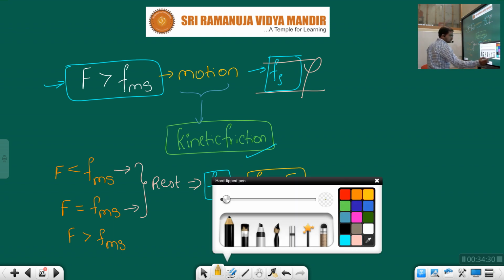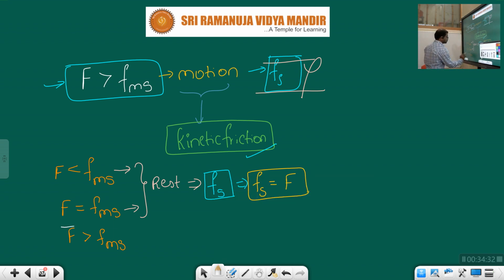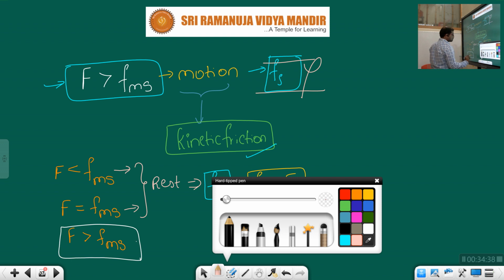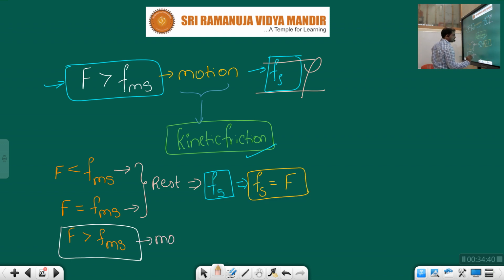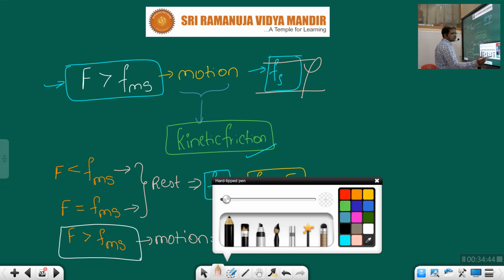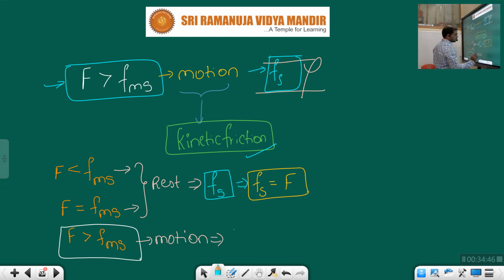While coming to here, children, this is a special case. Here, which friction will act? First analyze the condition of the body. The body comes into motion, and the friction acting here is kinetic friction, Fk. This is how we represent it: F suffix k.